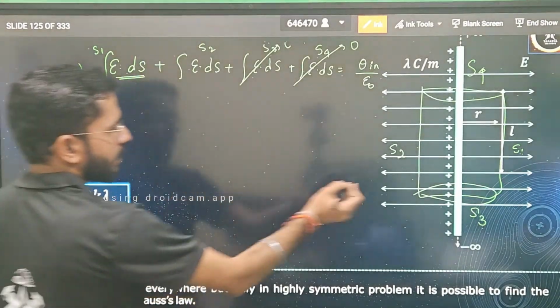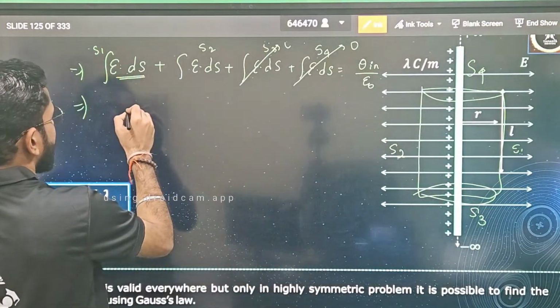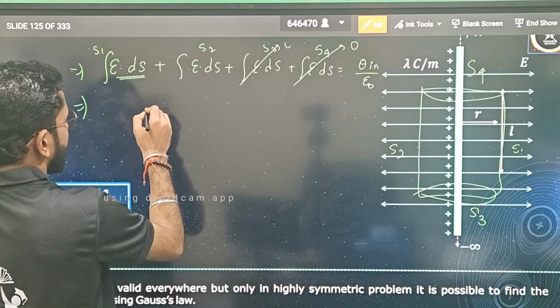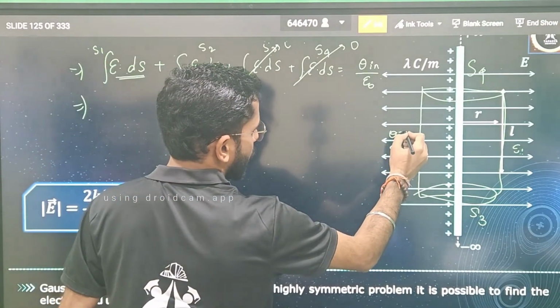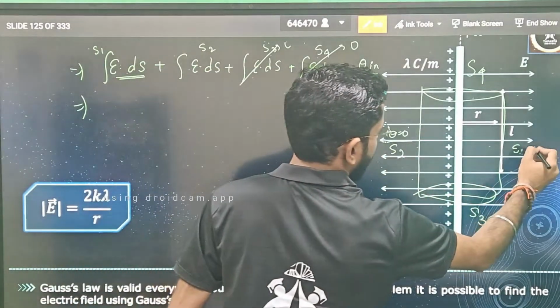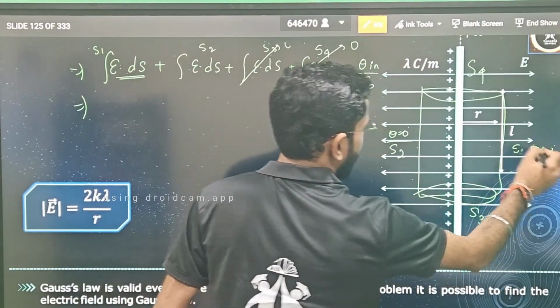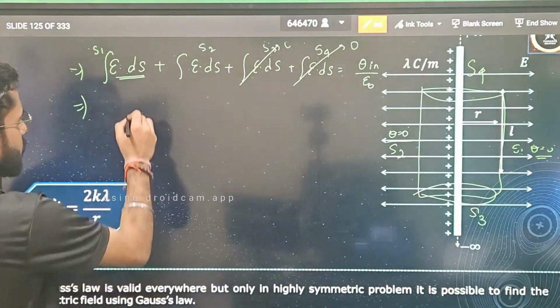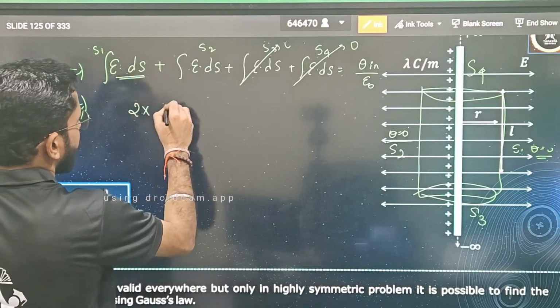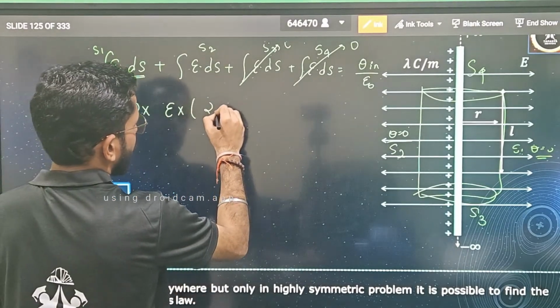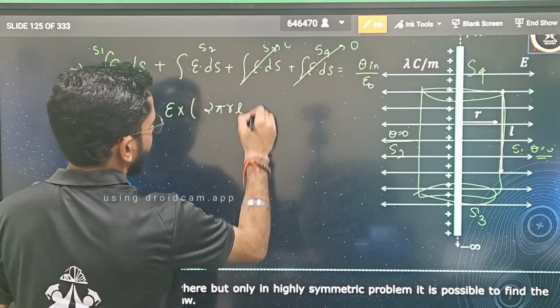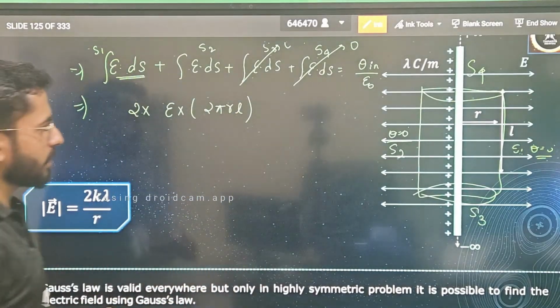Now tell me, can I say this is the curved surface? What will you say about the integration over this curved surface? Here theta is equal to 0, the angle between the area vectors, so they will simply add up. So I will write E into the curved surface area. I can write 2 pi r into L for the cylinder curved surface area.